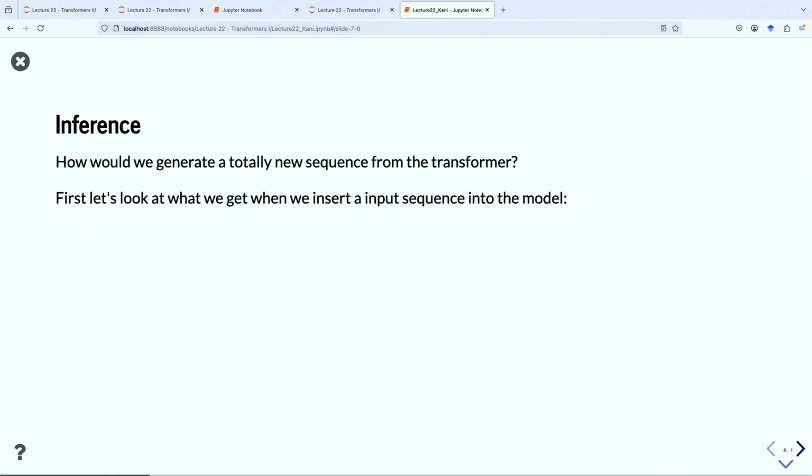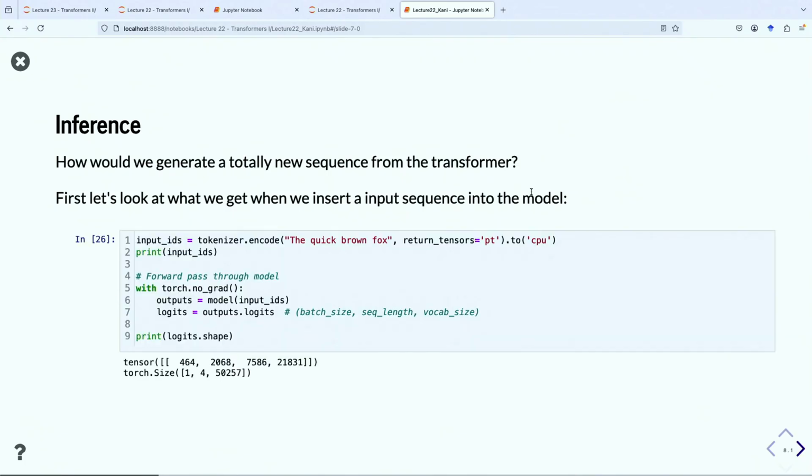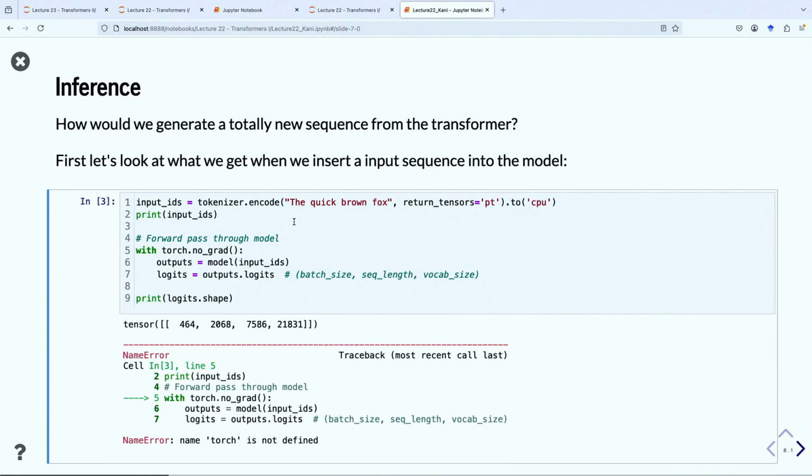Well, let's look at what we get when we insert an input sequence into the model. So again, we generated the model from the previous step, and if we enter in an input sequence, how is torch not defined? How is that possible?